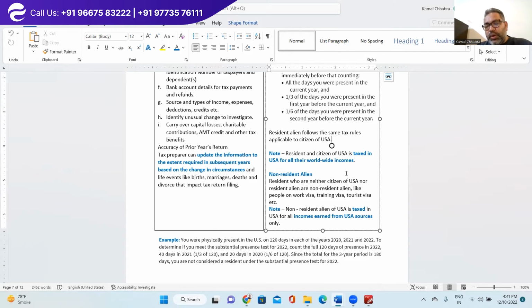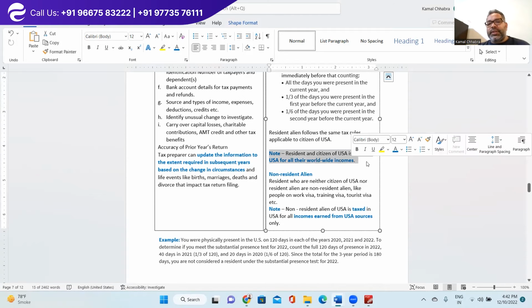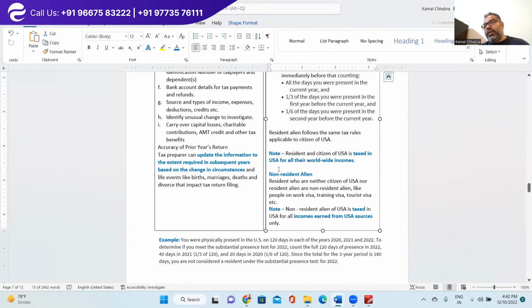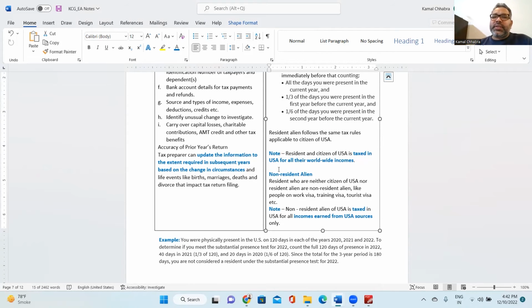But the difference over here between the resident aliens and non-resident aliens is on the taxable income. If you see note 1 here, a resident and citizen of the USA is taxed in the USA for all their worldwide income. That means if you are a resident or a citizen of the United States of America, then all of your world income is taxed.